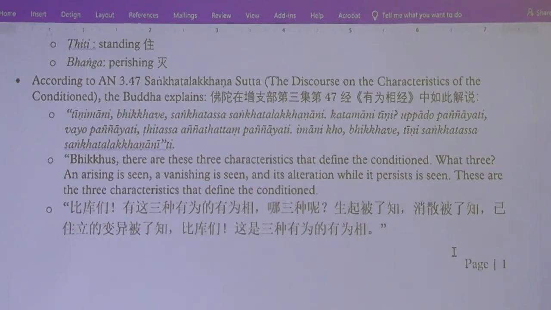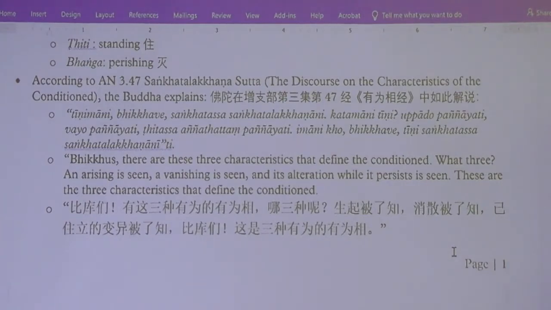Especially for meditators, if someone wants to see anicca, dukkha and anatta, they must understand the 3 states of sankhara. Without understanding the 3 states of sankhara, we cannot clearly practice anicca, dukkha and anatta.